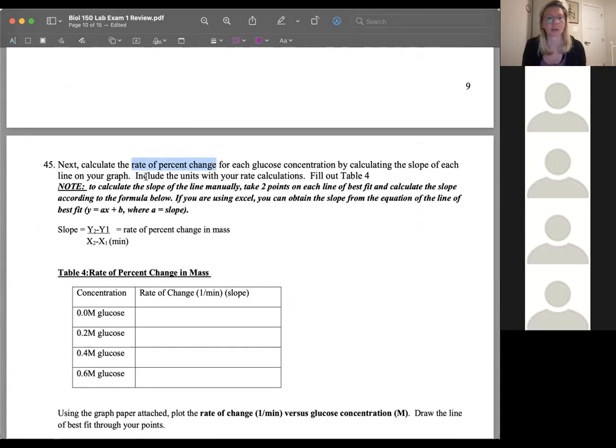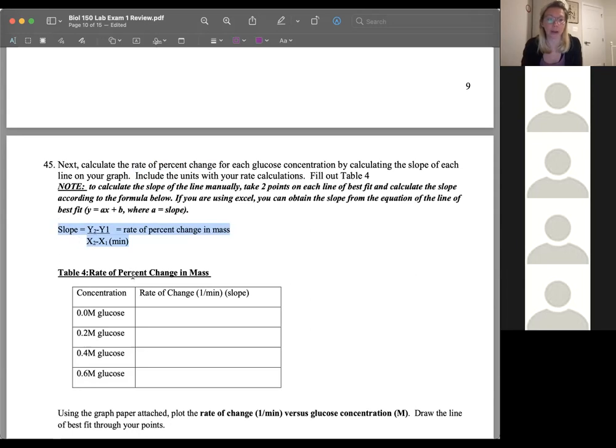So we don't need to go through the numbers. It's really just about knowing how to calculate the rate of percent change. So the rate of percent change would be the slope of the line.